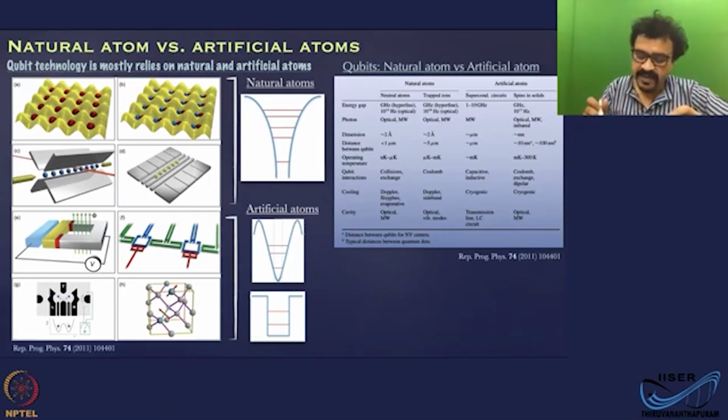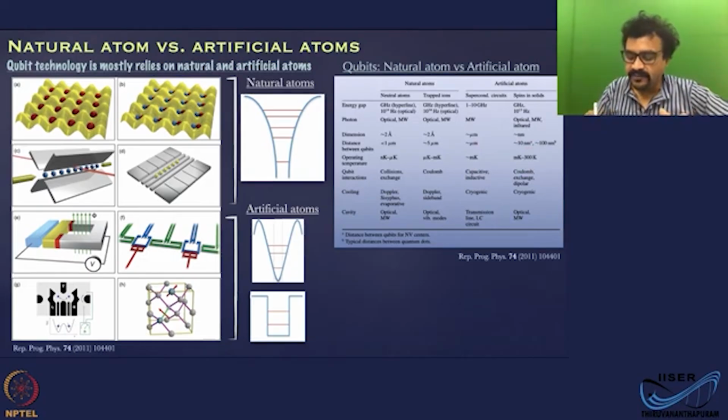And the next operating parameter is the operating temperature. Here these are in the microkelvin, nanokelvin range, but those are not really the physical temperature of the system. Those are the energy of the system. Whereas these experiments are conducted at cryogenic temperatures, millikelvin to sub-Kelvin, a few millikelvin range.